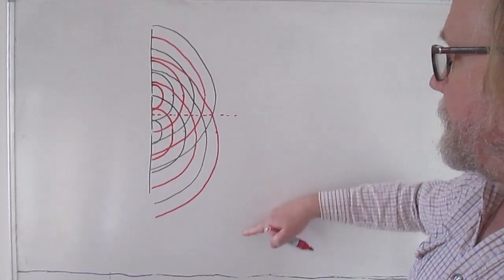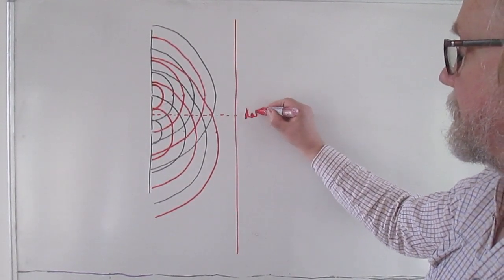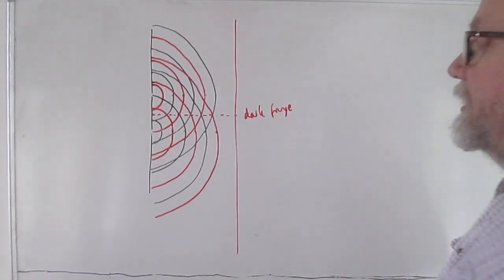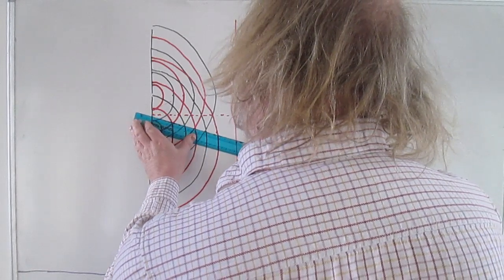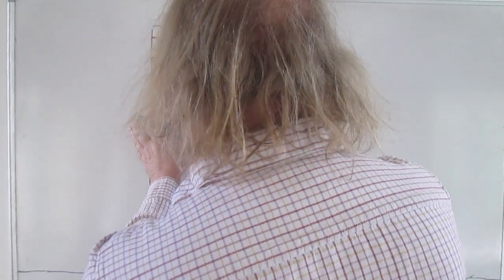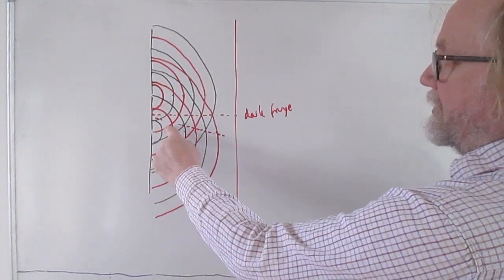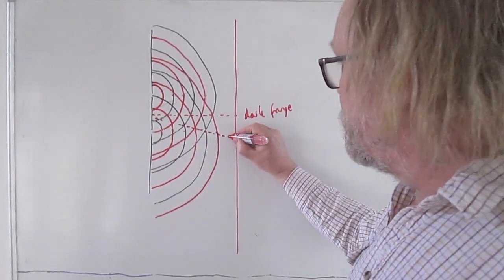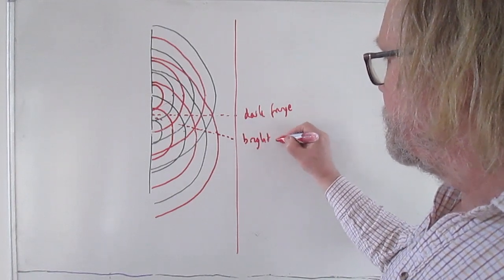So that means that when you get to the screen here, you're going to get a dark fringe in the middle. But if we look at a bit of an angle again, you can see that along there you've got constructive, constructive, constructive, constructive. So you're going to get constructive interference along that line, so you're going to get a bright fringe centred on there.